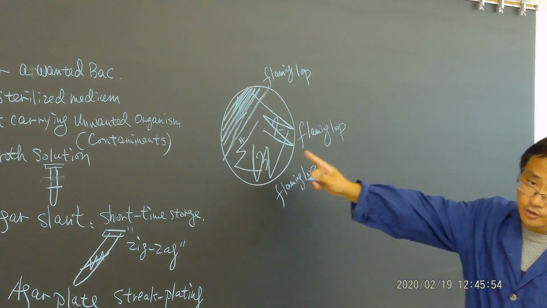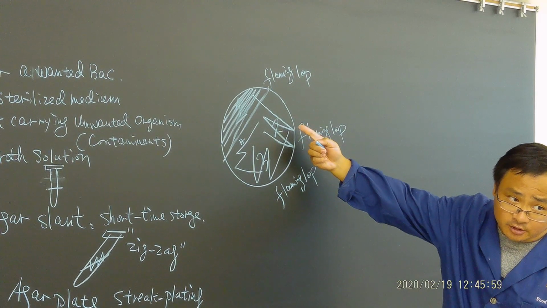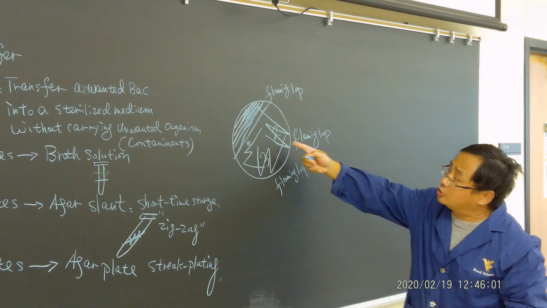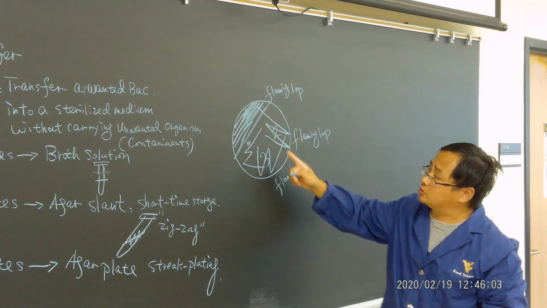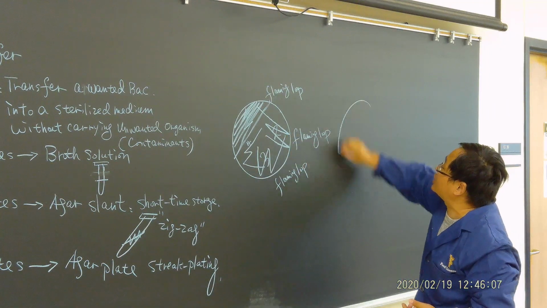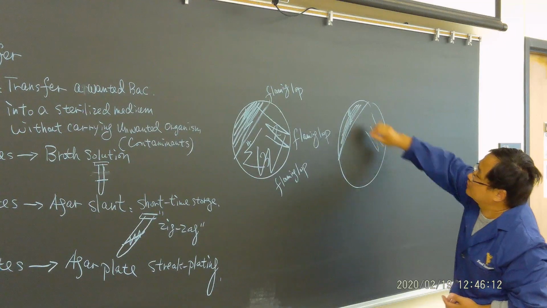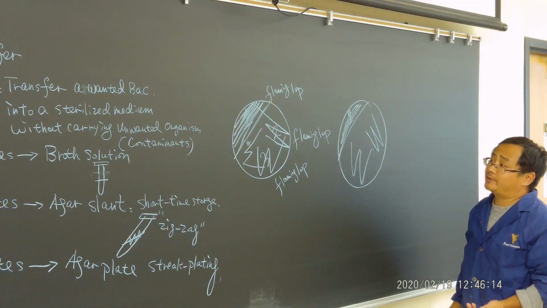Now every time you do a streak, you have to come in from the one before. Which means when you do the second quadrant, you have to come in from the first one. You do the third one, you have to come in from the second one. You can't do it like this. Lots of you do like this. First quadrant, then what happens?